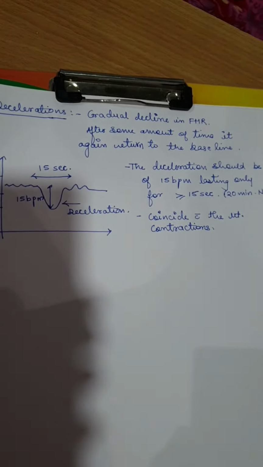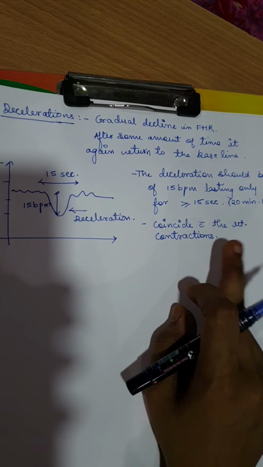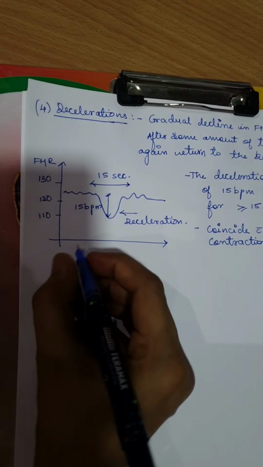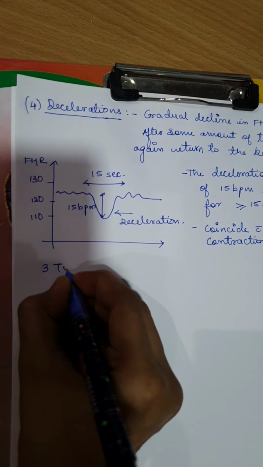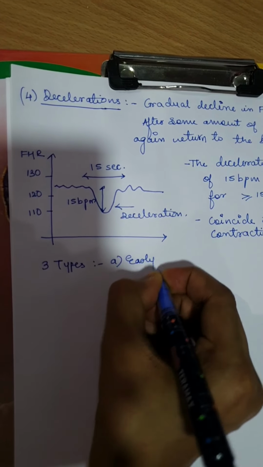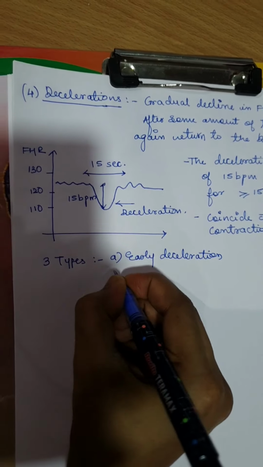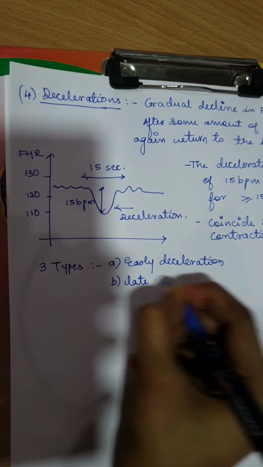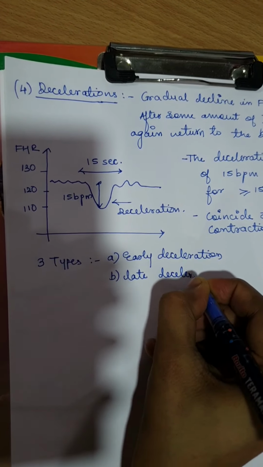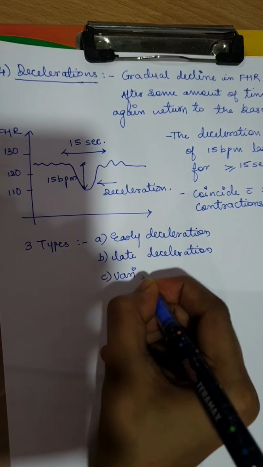Now depending upon their coincidence with the contractions, the decelerations are divided into 3 types. The first one is the early deceleration. The second one is the late deceleration. And the third one is the variable deceleration.